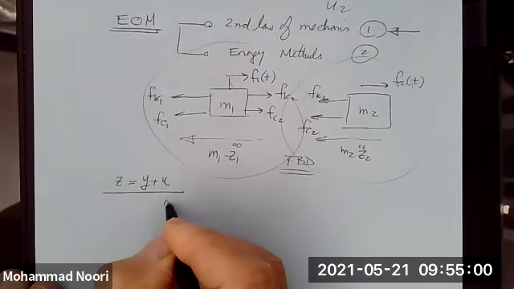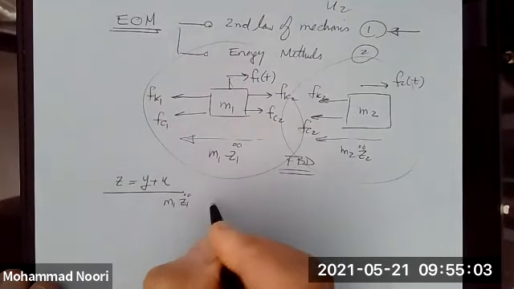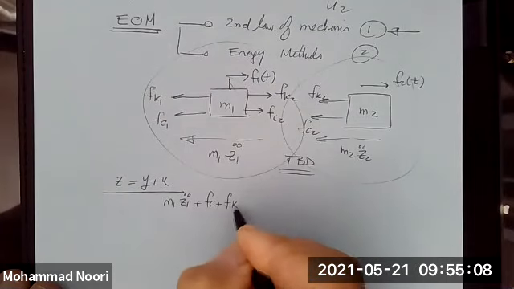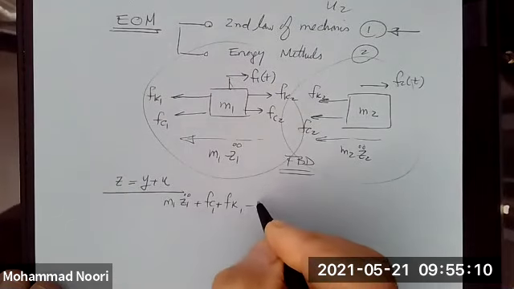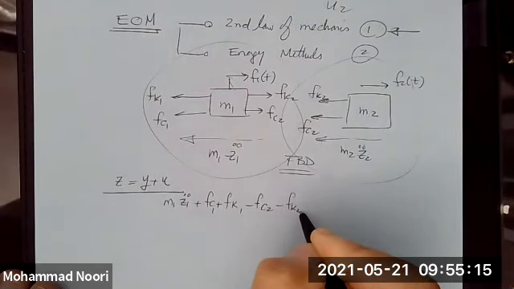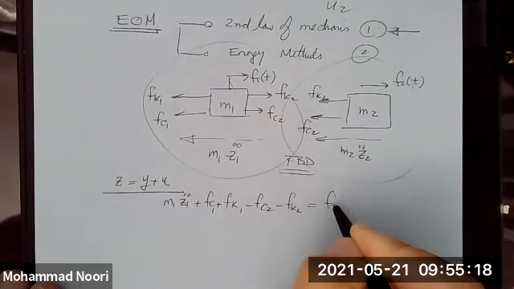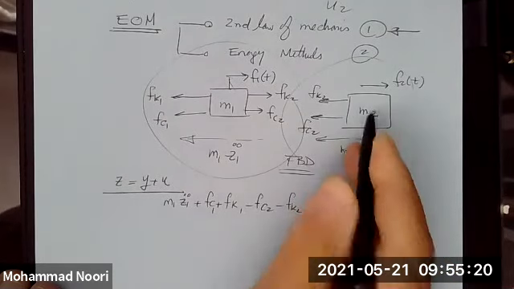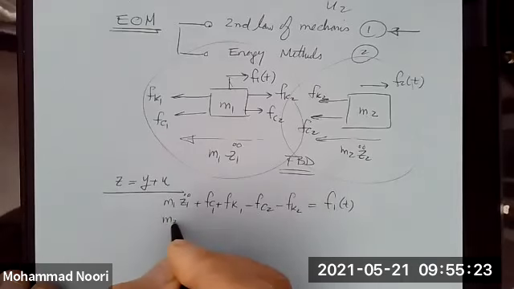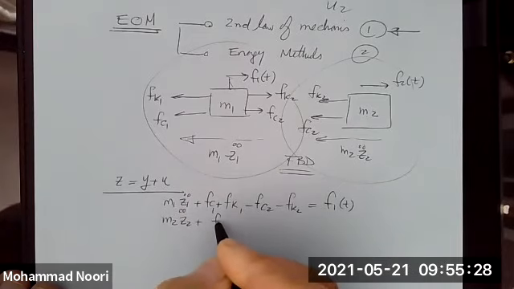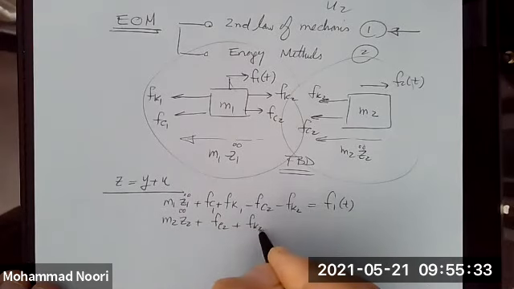You get M1 Z1 double dot plus FC1 plus FK1 minus FC2 minus FK2 is equal to F1 of T. For this one, I can write M2 Z2 double dot plus FC2 plus FK2 is equal to F2.